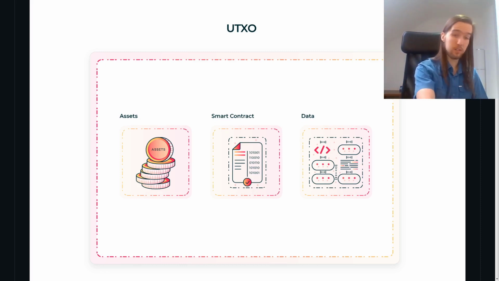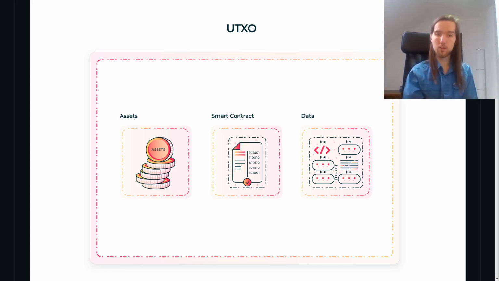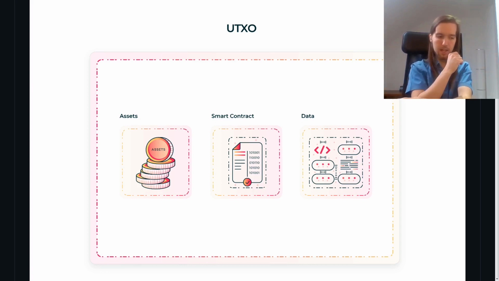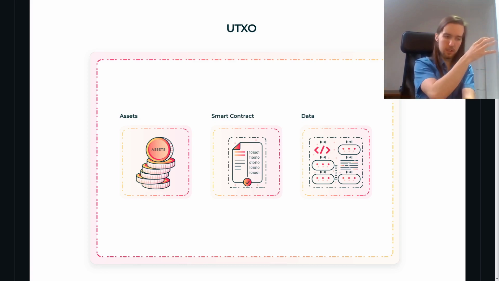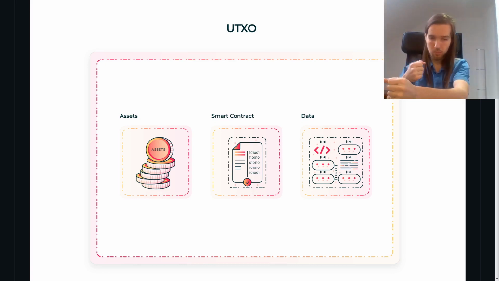And if I have Alice and Bob as friends and I want to split it between them, then we can do the same thing where I destroy the input UTXO that has my address on it, and then I create two new UTXOs, one for Alice, one for Bob, and I can split the funds. So let's say I had 10 ADA or 10 ERG, then I can split the ERG 50-50, so 5 ERG to Alice, 5 ERG to Bob, or 75-25, 7.5 and 2.5, and so forth.